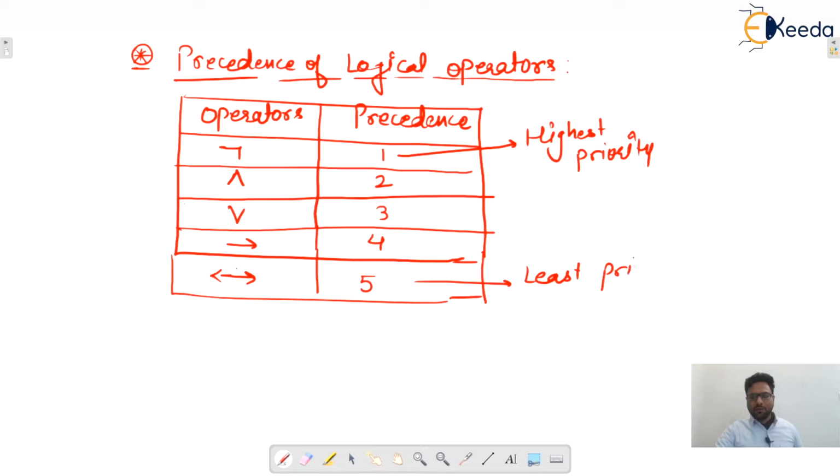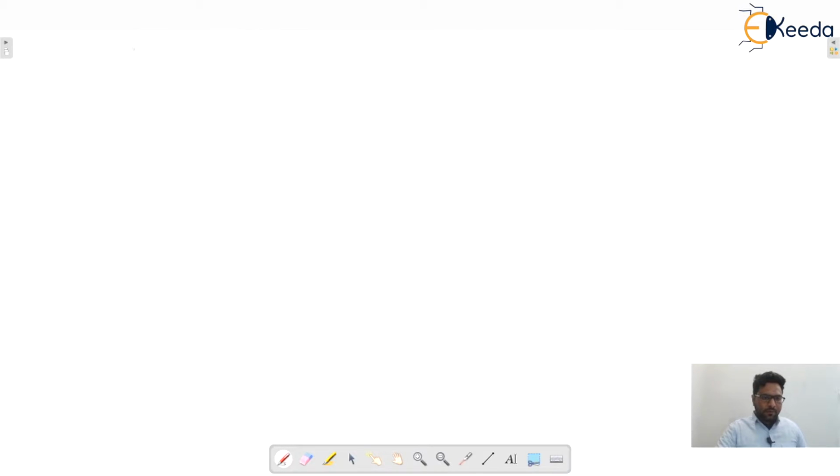What is the meaning of priority? When all these operators are present together in a logical statement, we evaluate according to the priorities of these operators. So, for example, let us construct a truth table for a logical expression.